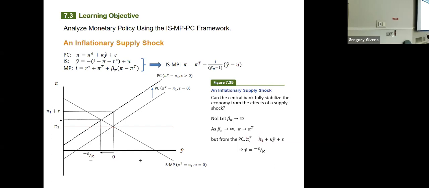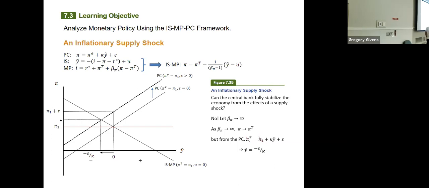If beta pi is infinite, then we know from the ISMP equation that inflation will always equal target inflation. So that means inflation is going to be equal to pi 1. Now, if we go up to the Phillips curve, if there's no change in expected inflation, then actual inflation, which is the same as target inflation now, is equal to expected inflation.